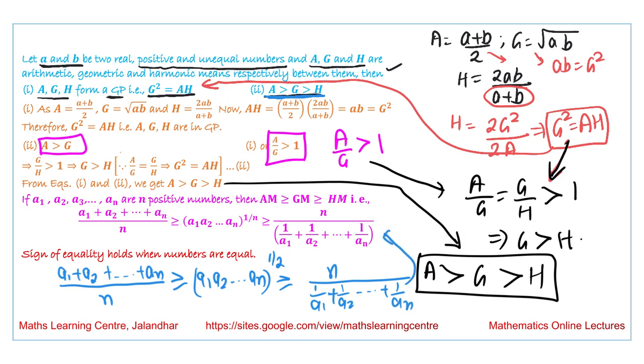And the equality will hold only when all these numbers A1, A2, A3, An are equal, that is, we are talking about constant sequences.